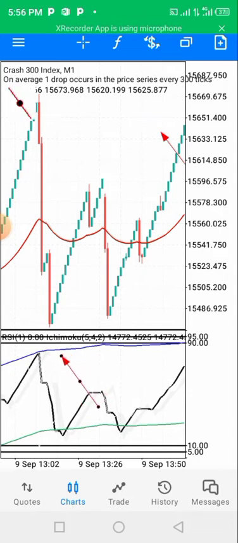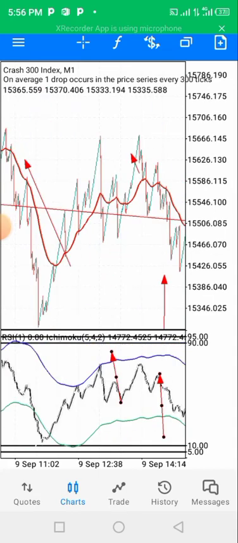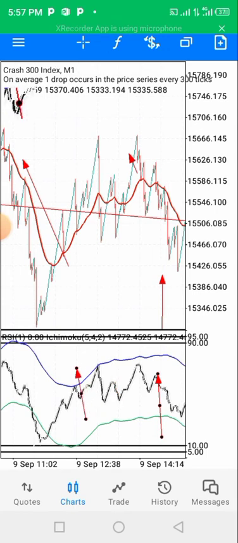So you have to wait till you see this black line touching this blue line. If it doesn't touch, like I said, don't sell. Even if it takes you hours, just get yourself busy with some other thing and be checking your charts.